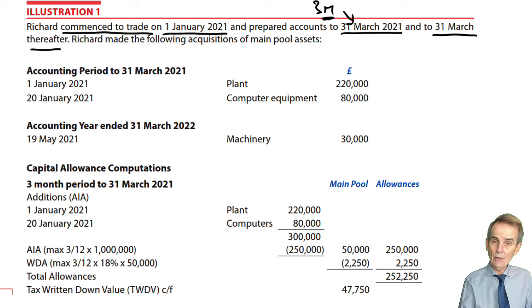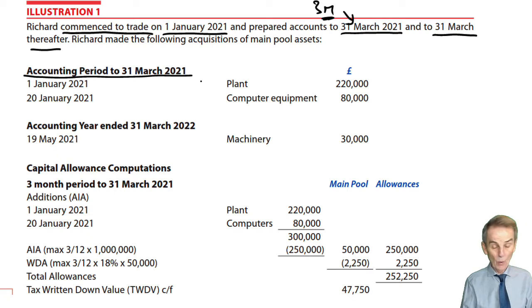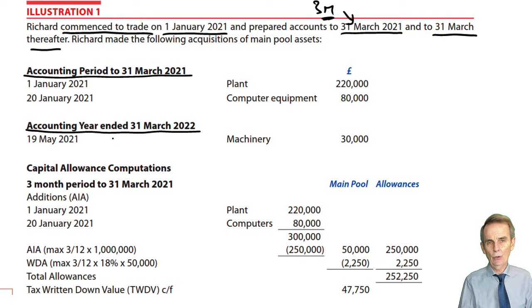What we've done here in this particular example is to identify accounting period by accounting period. We're going to be looking at 2 such periods: that opening short period of 3 months and then the next full accounting year. And we list out the expenditure accordingly.